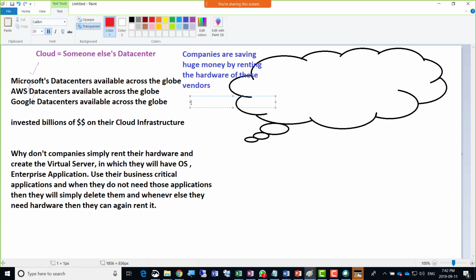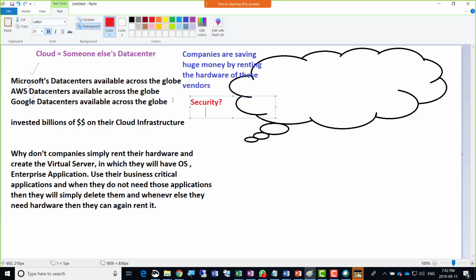Are your data centers that are spread across the globe secure? Obviously Microsoft, AWS, Google and all the other cloud vendors who have invested billions of dollars, wouldn't they be putting security as the main emphasis of what they're offering?